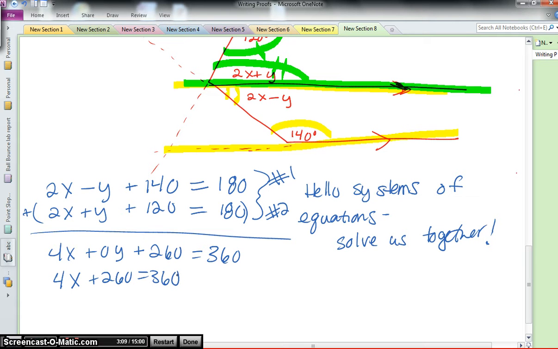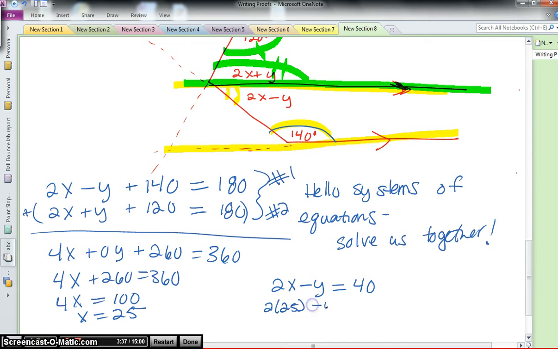Well, that's an equation I know that you all can solve. 4x equals 100, x equals 25. Well, if x equals 25, don't forget that we need y. 2x minus y has to equal 40, because the supplement of 140 is 40. And if we know x, two of them, 50, minus y has to equal 40.